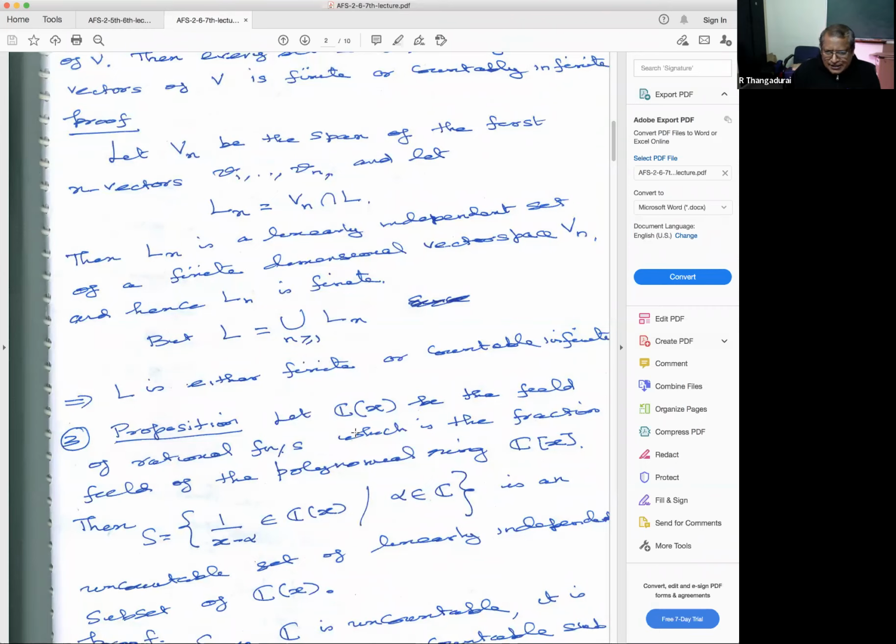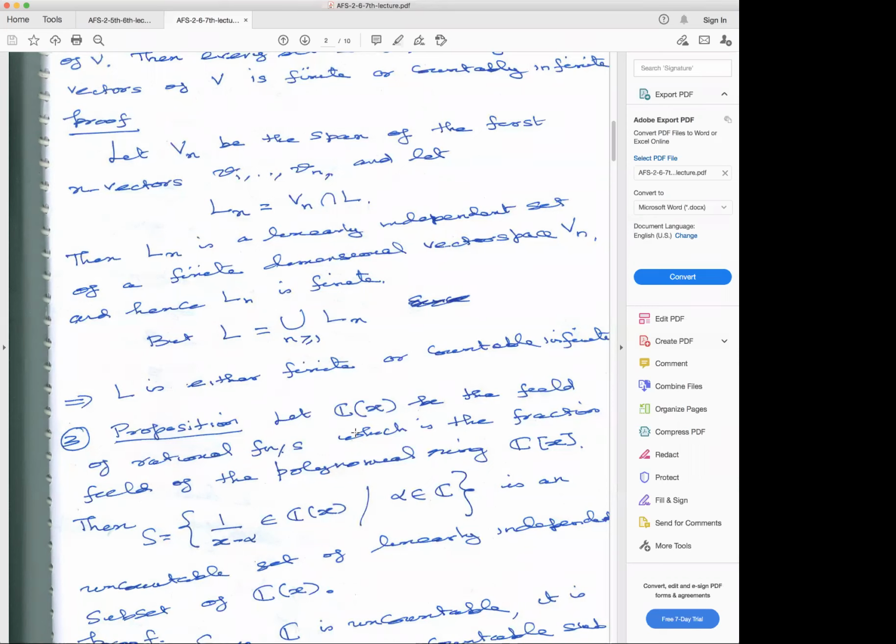This S is an uncountable set of linearly independent subset of C(x). First of all, it is uncountable, that is clear. Why is it uncountable?